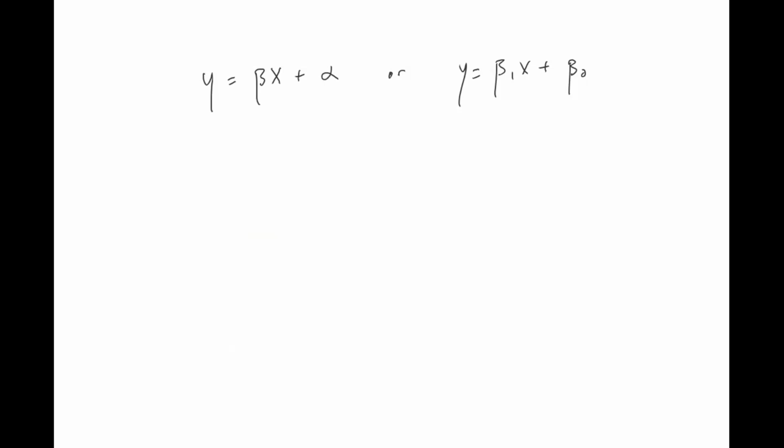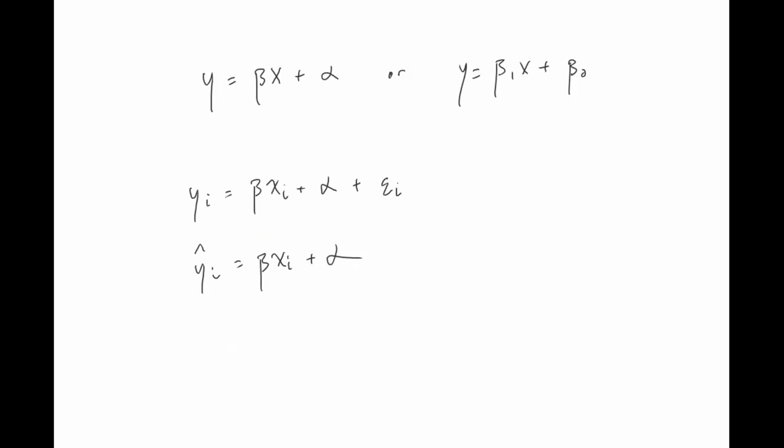Okay, so yi is equal to beta xi plus alpha plus epsilon i, and yi hat is equal to beta xi plus alpha. Okay, so what are these referring to?